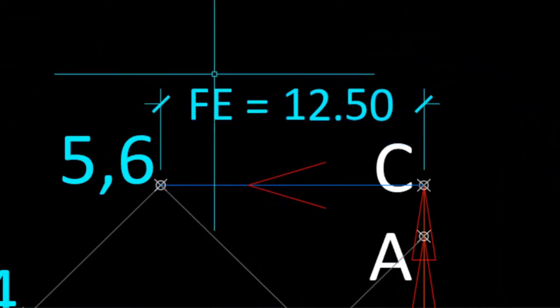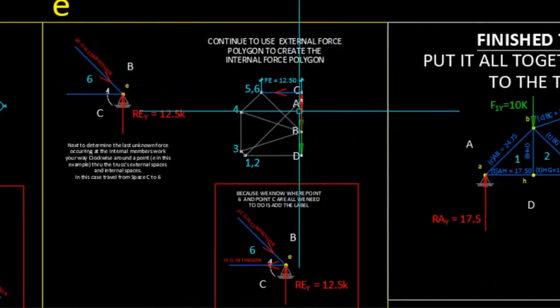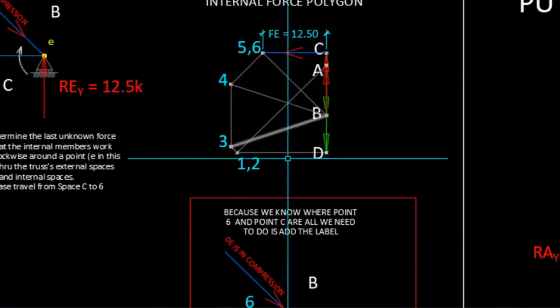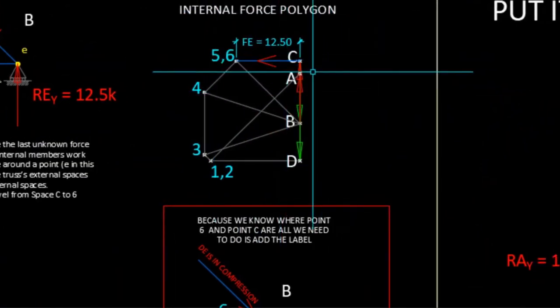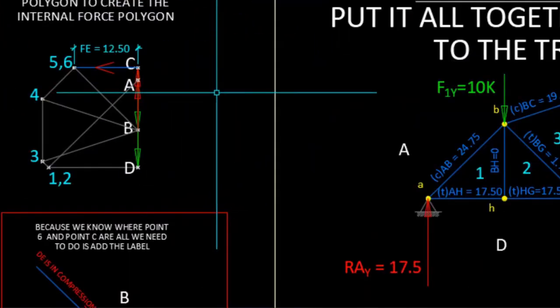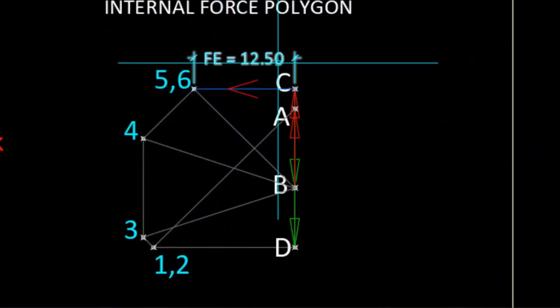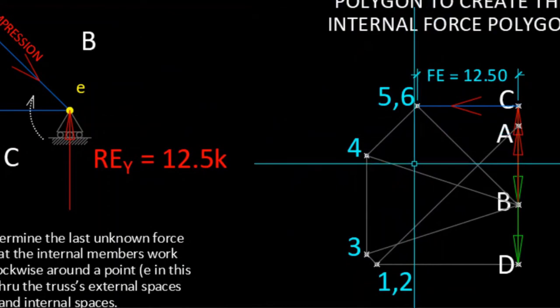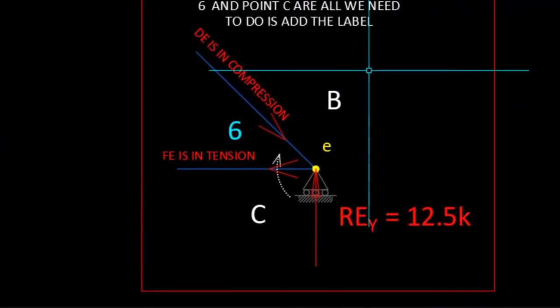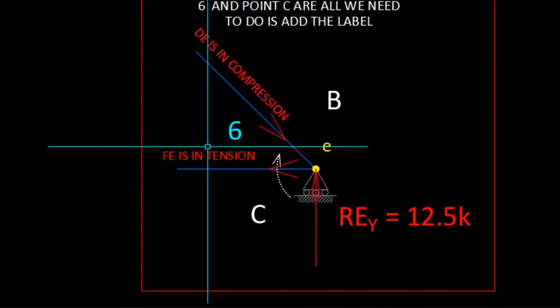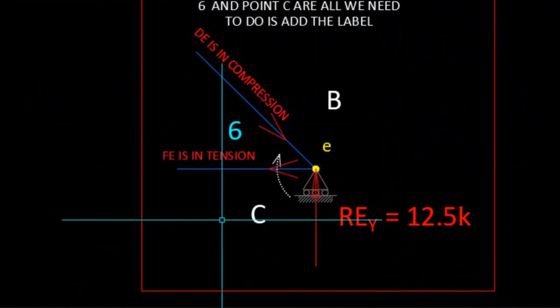Make sure you add your annotations so that when you get to your last force direction or points, it's very easy to tell what the lengths were for your forces, and also keep track of whether the forces are in tension or in compression.